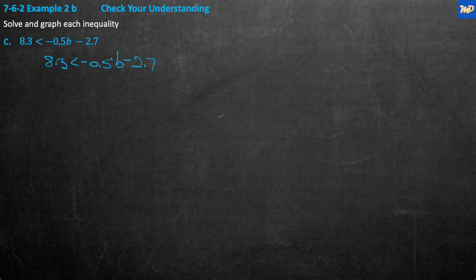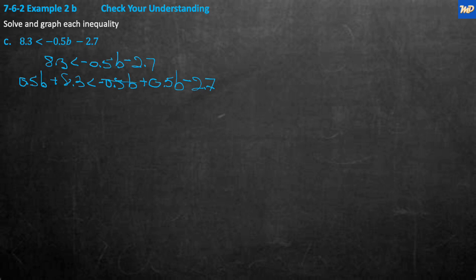So we're going to add 0.5b to both sides: 0.5b plus 8.3 is less than minus 0.5b plus 0.5b minus 2.7.